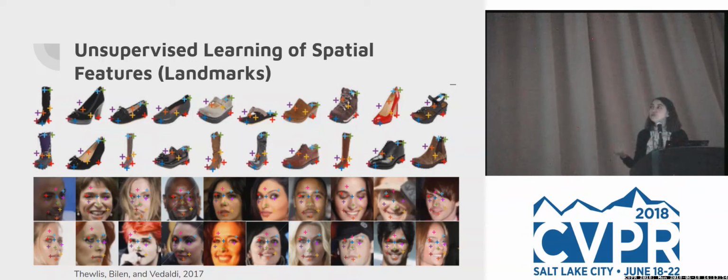And the same team has a follow-up work in which they show that this is not limited to viewpoint changes, rotations, and translations, but they showed some more work with deformations where they can use, for example, the optical flow to know where things went and use this as supervision.